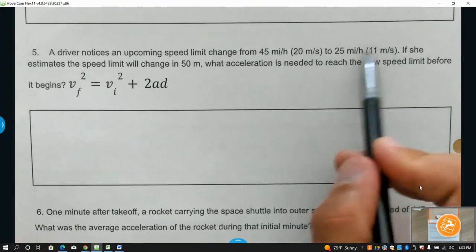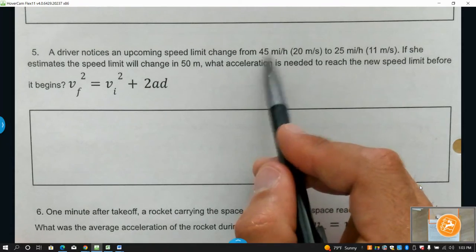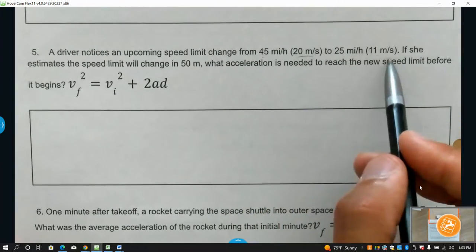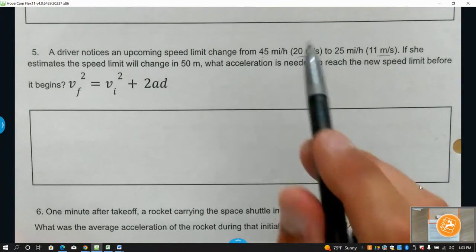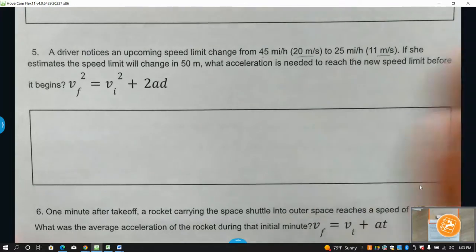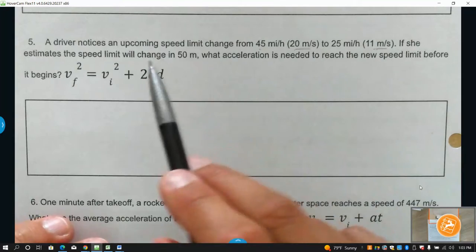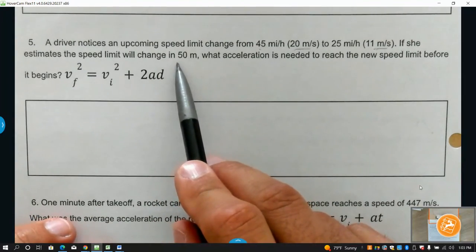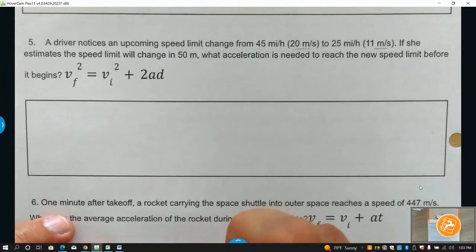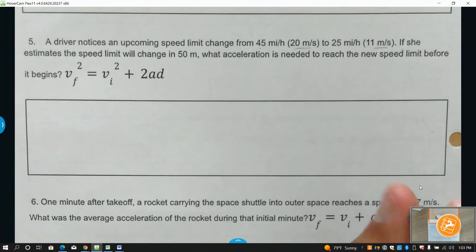We want it in meters per second. So we're moving at 20 meters per second, and we have to slow down to 11. Now, if you estimate the speed change is going to be at 50 meters, what acceleration is needed in order to reach this new speed limit before it begins?